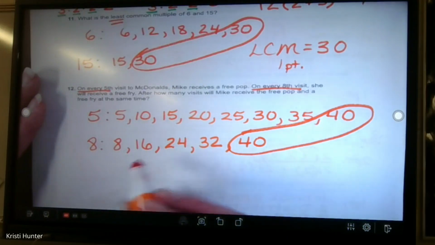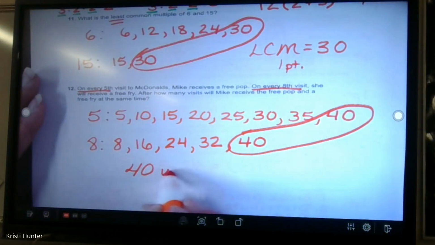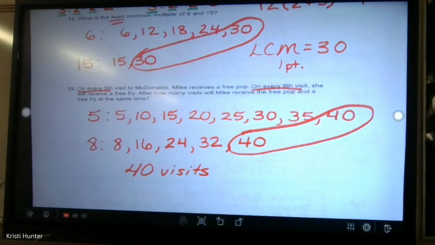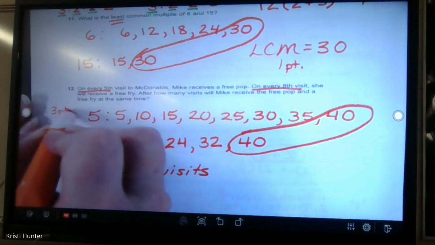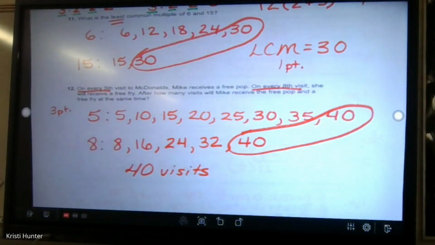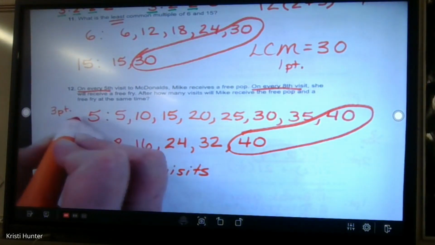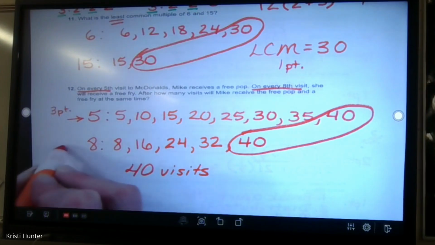So that means 40 visits is how long it's going to take before they get the soda pop and the free French fry at the same time. This is going to be a 3-point question because you had to first pull out the 5 and pull out the 8.